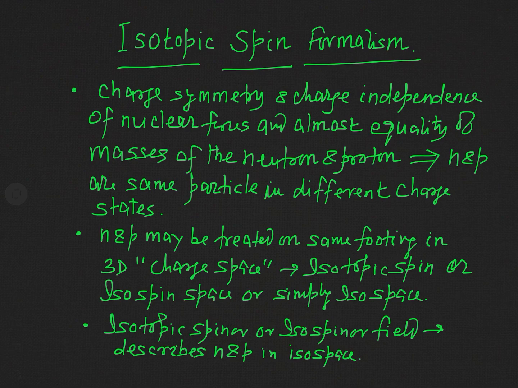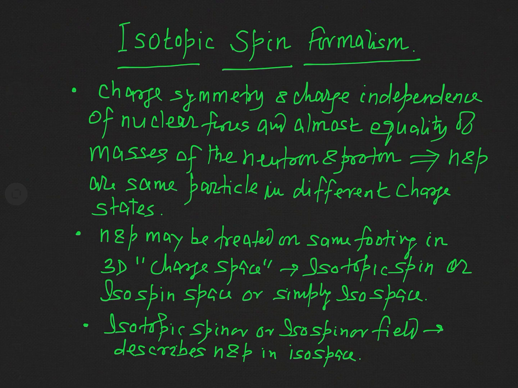In this isospace, the neutron and proton are described by an isotopic spinor or isospinor field. In fact, there are two isospinor components corresponding to the two charge states of the nucleon.